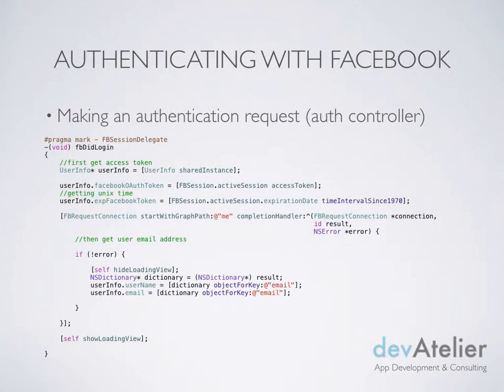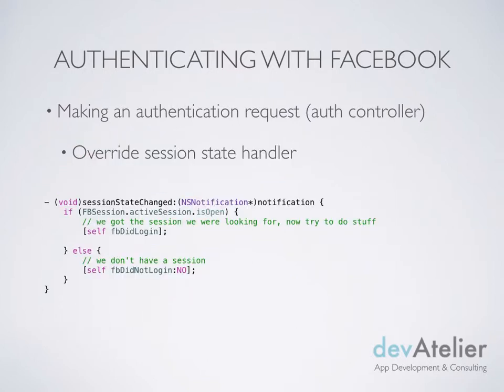Cool. And then part 3, how do these methods work? So to go back, the idea was with session state changes, you want to say I logged in or I did not log in.